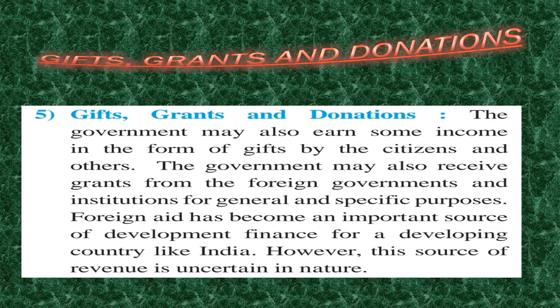The government may also receive grants from foreign governments and institutions for general and specific purposes. Foreign aid has become an important source of development finance for a developing country like India. However, this source of revenue is uncertain in nature.